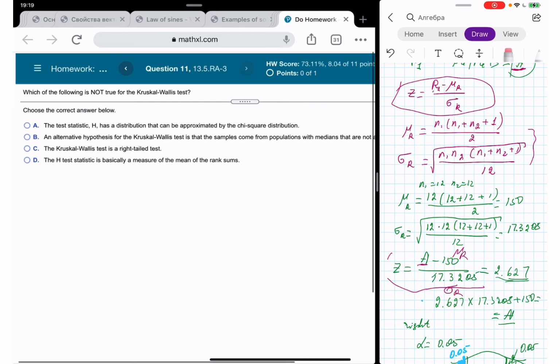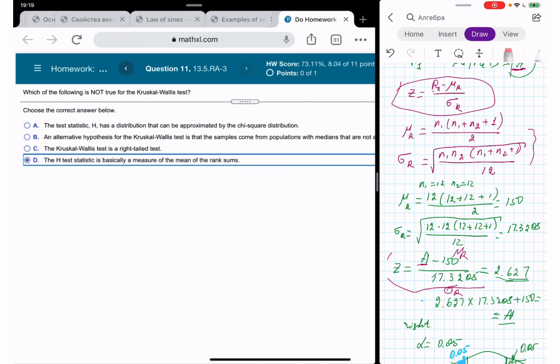And the last question is, which of the following is not true? The H test statistic is basically a measure of the mean of the rank sum. This is not true. The test statistic H has a distribution that can be approximated by the chi-square distribution.